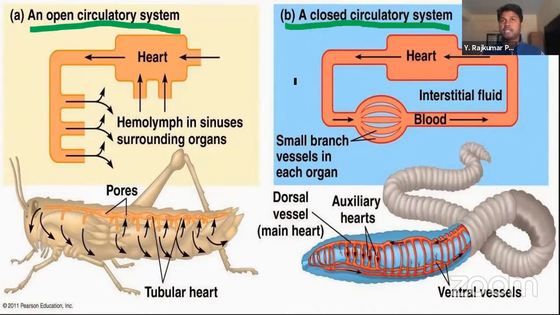Two kinds of circulatory systems: open circulatory system and closed circulatory system. Circulation can be classified into two kinds according to the pattern of the circulation. Open circulatory system means there is no connection between the blood vessels. From the heart, here in the picture you can see the heart is releasing the blood, and this blood is released into the sinuses.